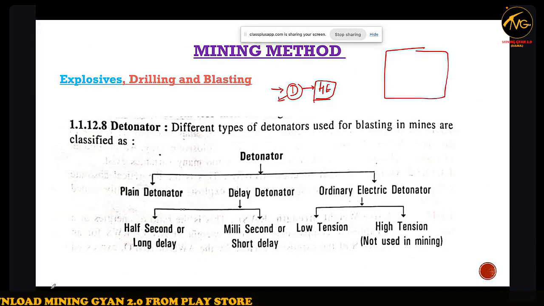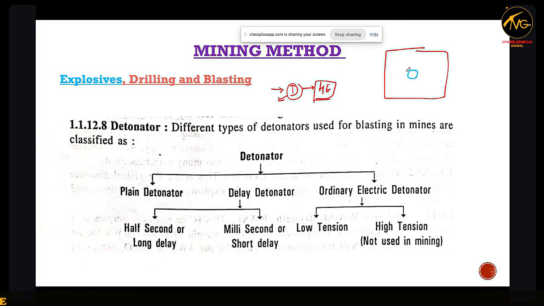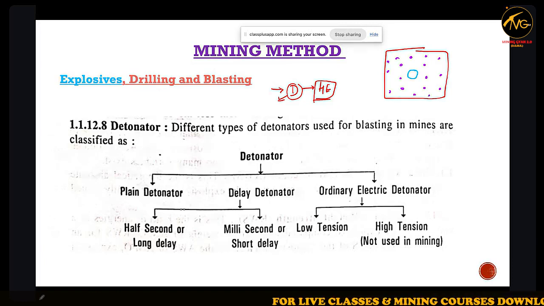Suppose this is your face. Okay, so you will drill a hole, borehole for the free face. Now you will drill various patterns, diamond drilling, burn cut, whatever you want. I am not making it accurately, but I just want to explain the concept.